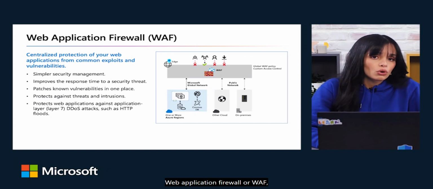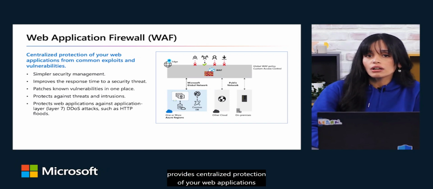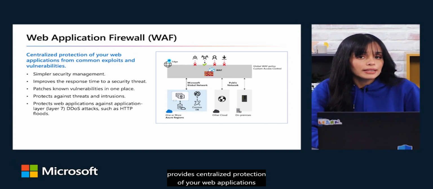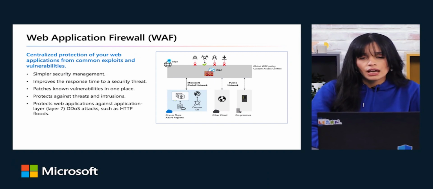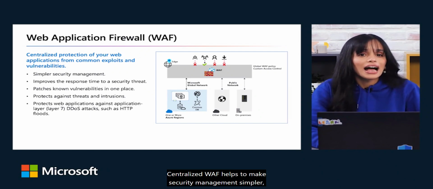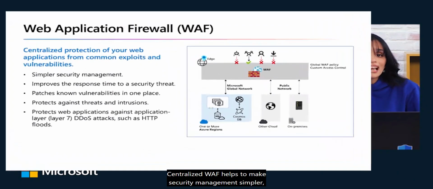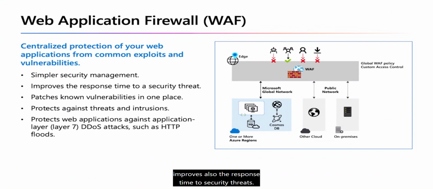Web Application Firewall, or WAF, provides centralized protection of your web applications from common exploits and vulnerabilities. A centralized WAF helps to make security management simpler and also improves the response time to security threats.